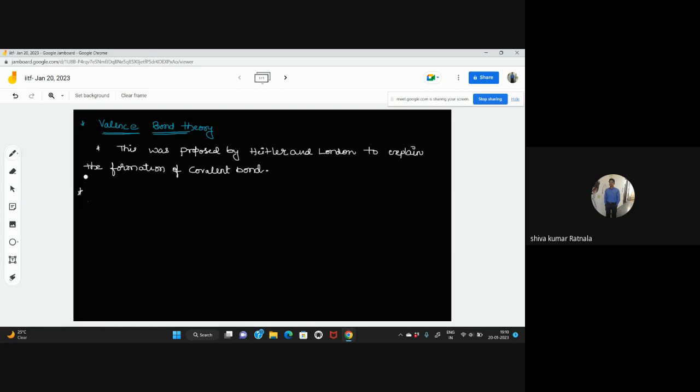According to this, the first point is a covalent bond is formed by the overlapping of atomic orbitals of valence shell.